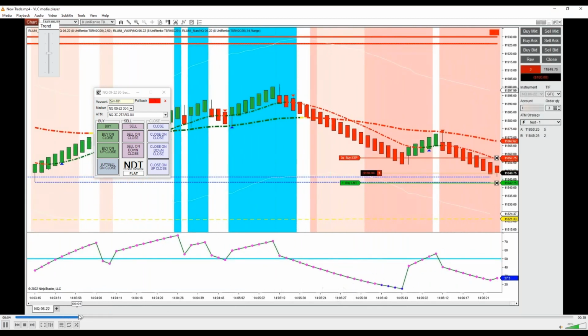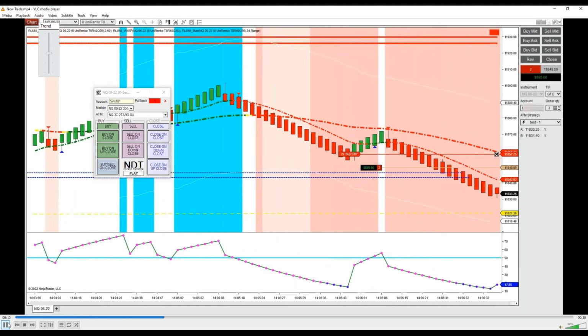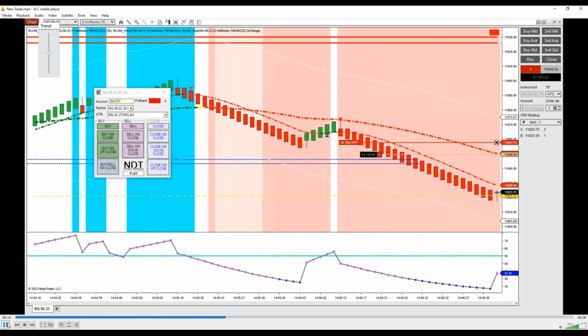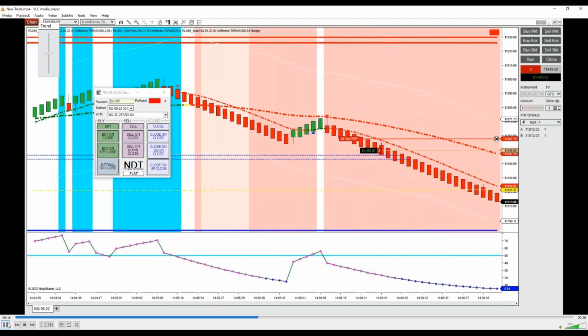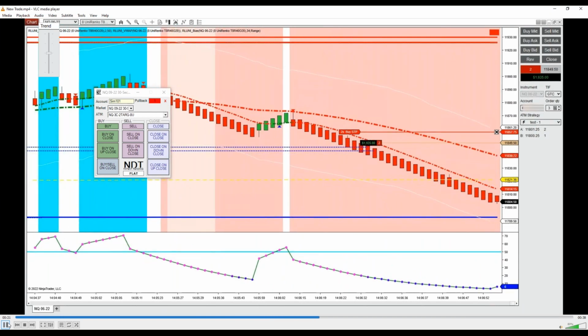Now let's go here. This thing is moving at a mile a minute. You see that blue line going across, and it's just rocketing down.